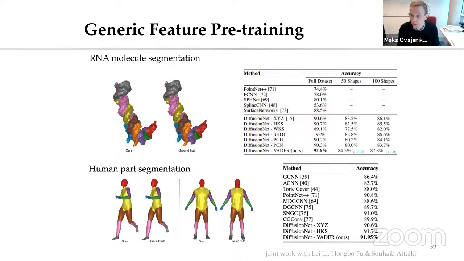It's not surprising because this is local geometry, right? We can argue that locally, whether it's a human finger, a part of a protein molecular surface, or a corner of a table in a room, they all look the same, right? So these are geometric primitives, and it's not very surprising that it works for deformable shapes, because deformable shapes locally are rigid, right? I guess it's not a miracle.